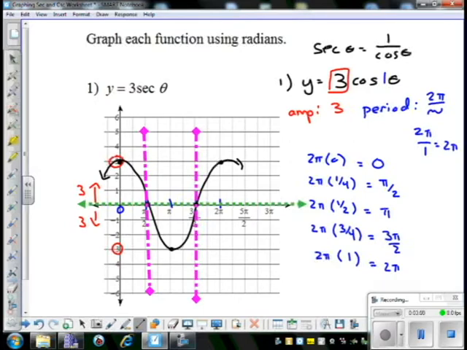Now to graph the secant function, what we will do is take our maximum and minimum points. We have a maximum, and we make our parabola. We have a minimum, we make our parabola within our asymptotes. We have another maximum, and we make our other parabola.